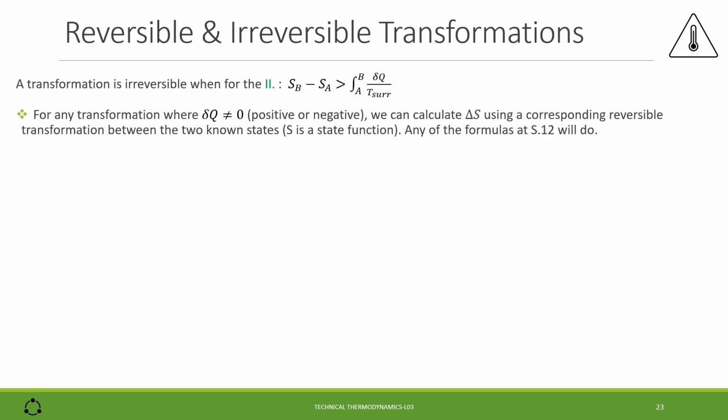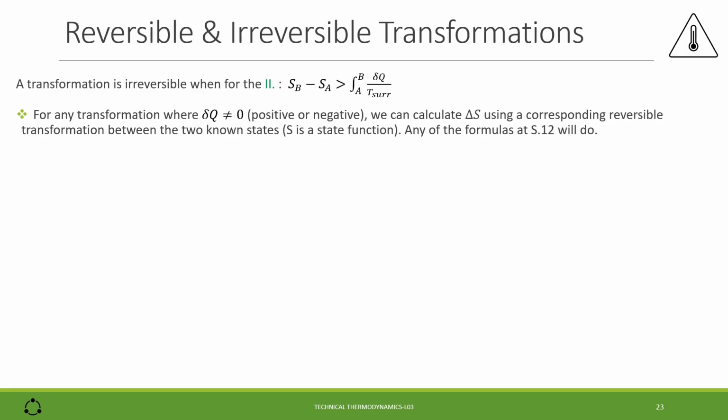For any transformation where dq is different than zero, either positive or negative, we can calculate delta S using a corresponding reversible transformation between the two known states, because entropy is a state function, and for that we can use any of the formulas seen at slide number 12.